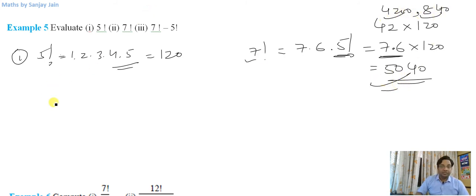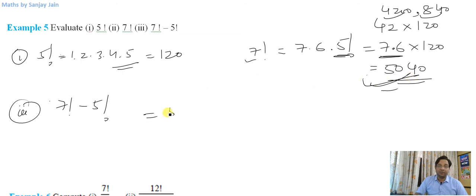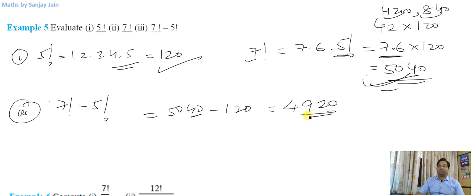Okay, what about 7 factorial minus 5 factorial? Third part. For 7 factorial minus 5 factorial, what you can do is, you have calculated 7 factorial 5040, you have calculated this 120, so you can simply write the difference, which will be 5000 minus 100 will be 4900, and this will be 20, so this will be the difference.